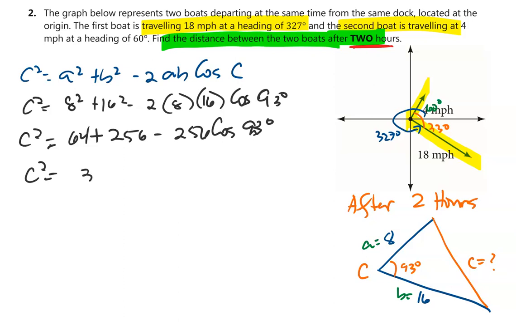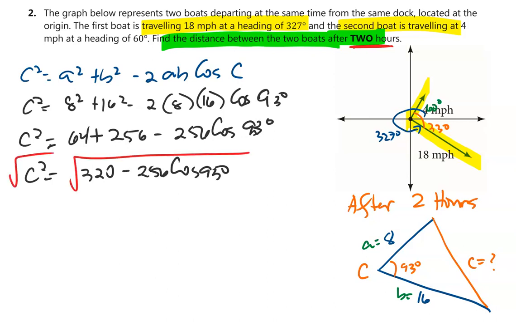So this is 320 minus 256 cosine of 93 degrees, and then square root both sides. And you'll get C is equal to 37.3 miles.